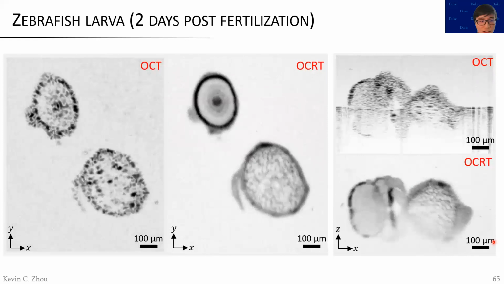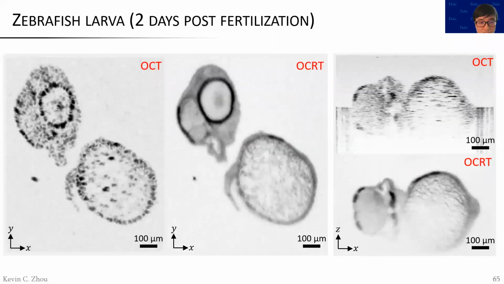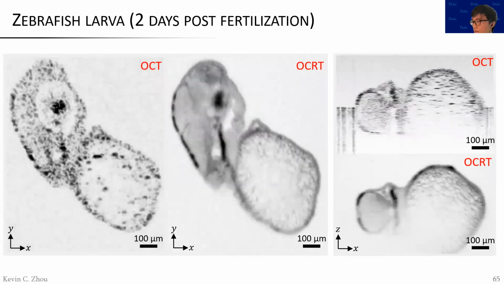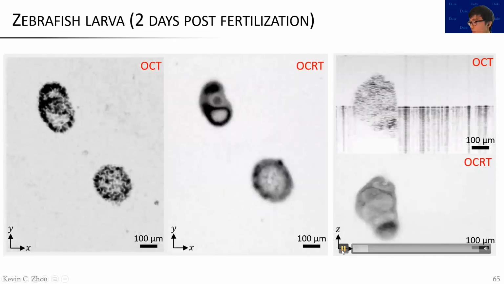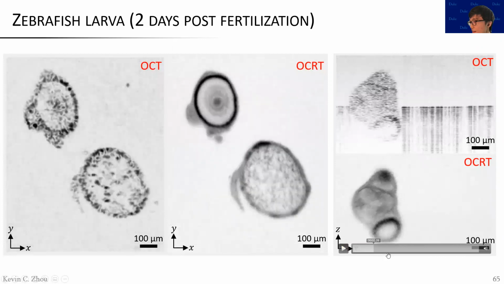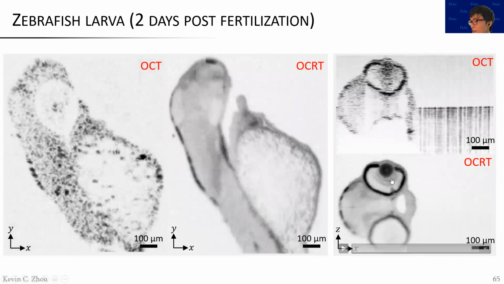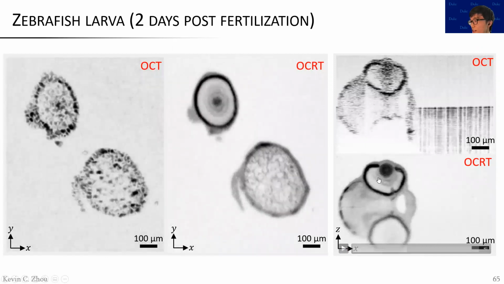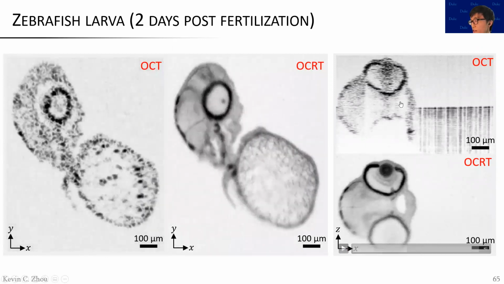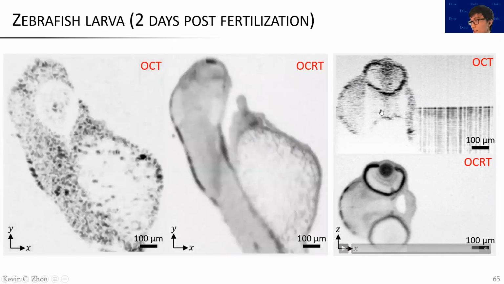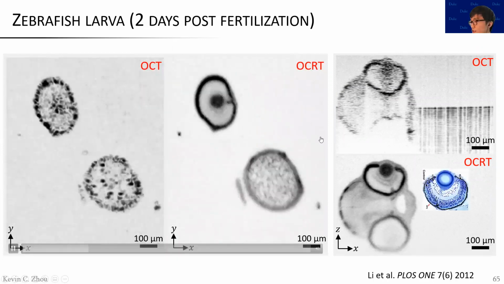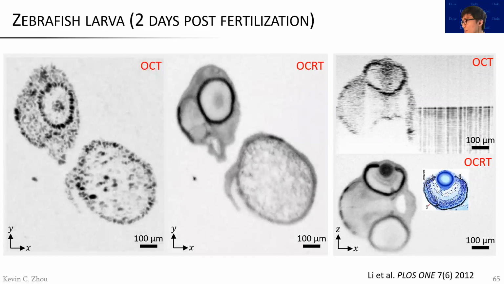For example, let's see if I can. If I pause this video, we can even see the optic nerve and the retinal layers of the zebrafish's eye that we don't see at all in the OCT image. And if we compare this to histology, we see this corresponds very nicely.